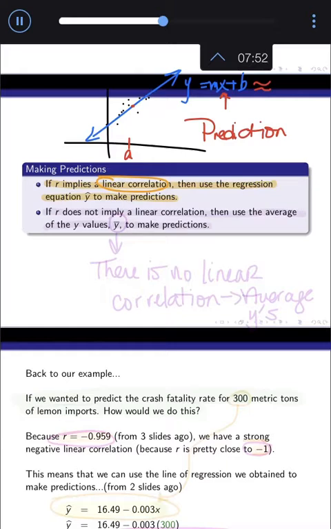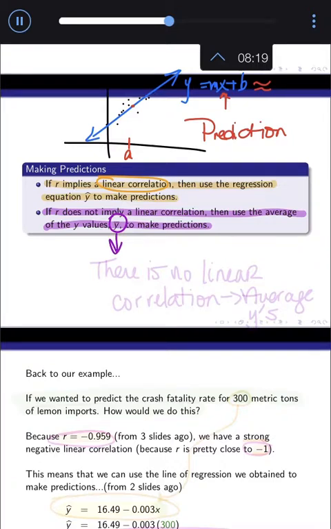Okay, what if we don't have a good R that tells us we can say there's a linear correlation? Well, if you can't say that there's a linear correlation, then instead we're just going to take all the y values from your list, and what does that bar mean? That bar means we're going to take all the y values and just average them.